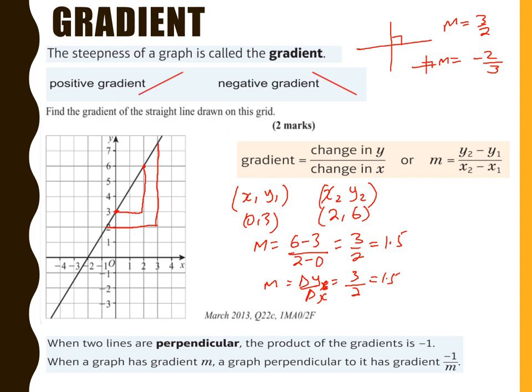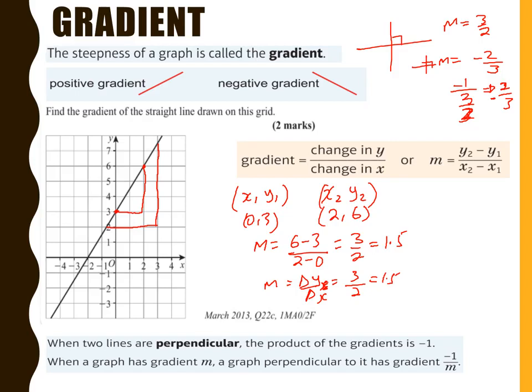So it's -1 over m. So if this is 3 over 2, -1 over 3 over 2 can be written down as minus 2 over 3. I want to check if this is right.